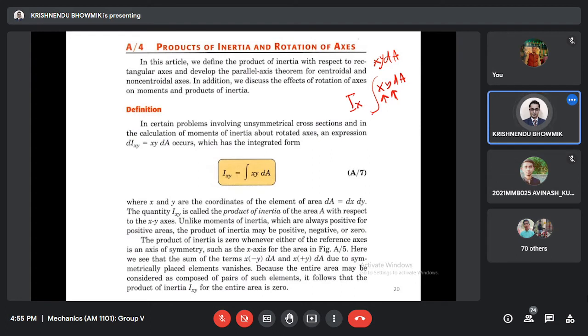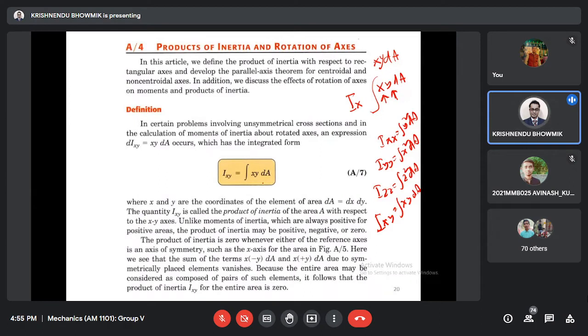Generally, some books write this way: Ixx equal to integration y square dA, Iyy equal to integration x square dA, then Izz equal to integration r square dA. Here it is Ixy, integration xy dA.